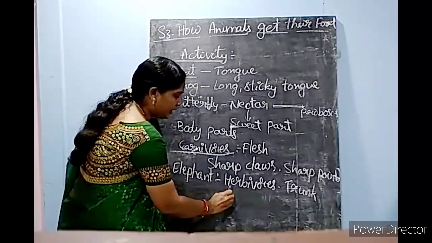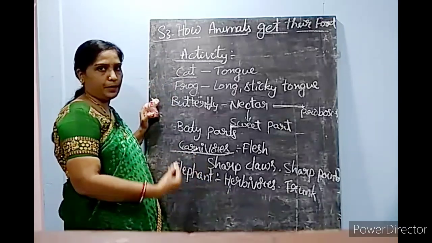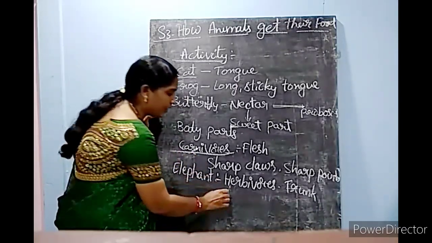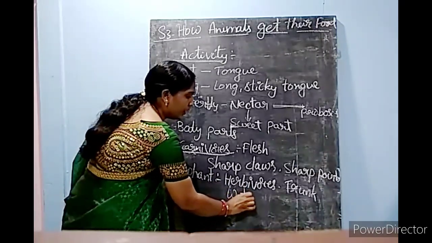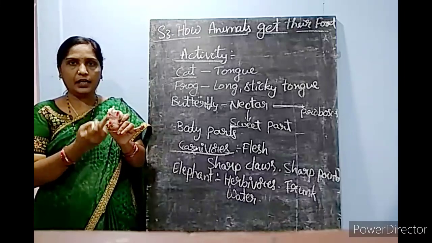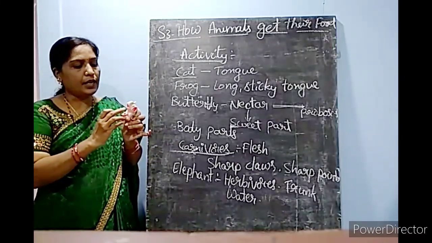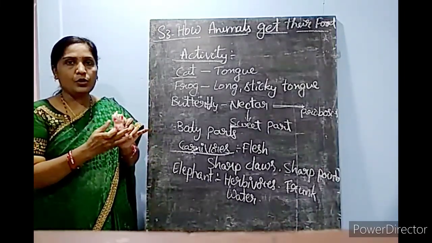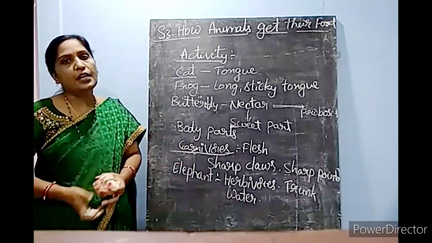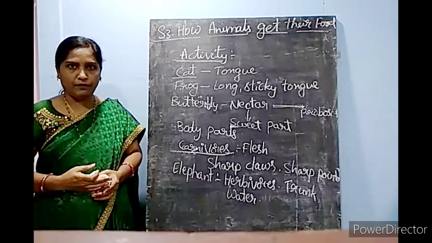Not only for eating leaves and breaking branches, they also use their trunk to drink. They suck water through the trunk like a straw and put it inside the elephant's mouth. So it uses its body part to collect the food and also to eat the food.